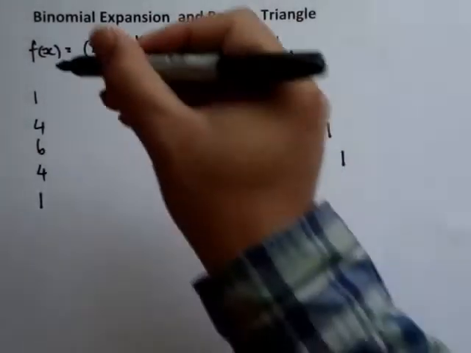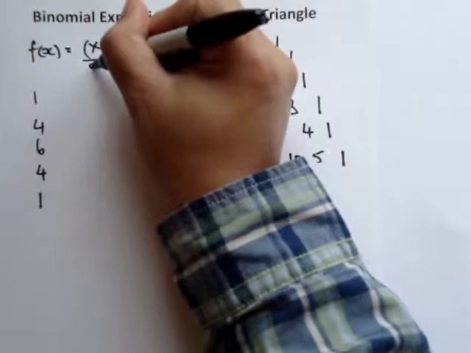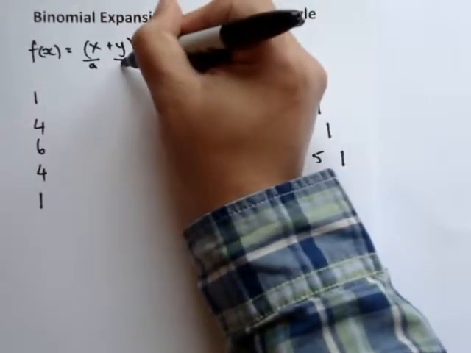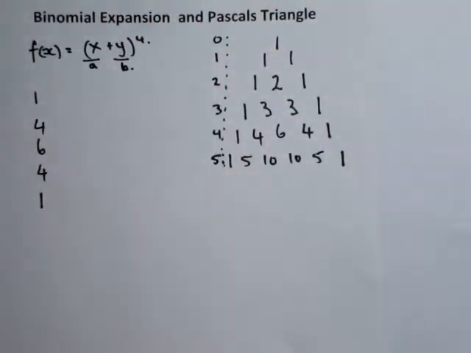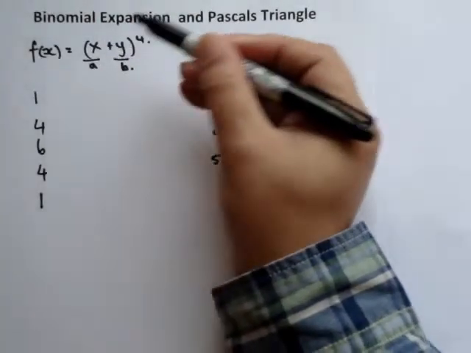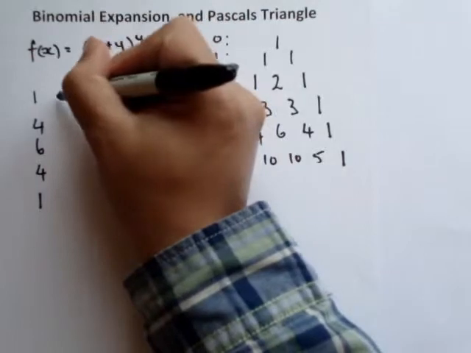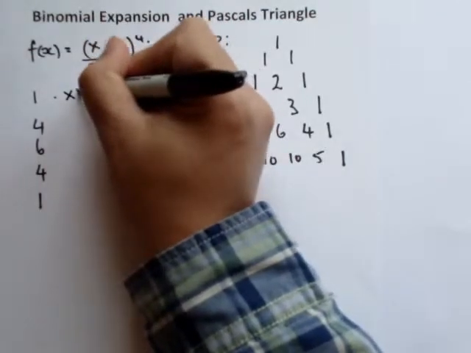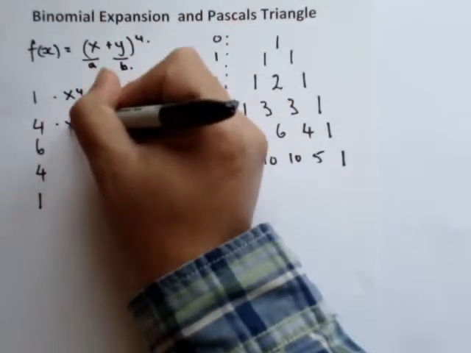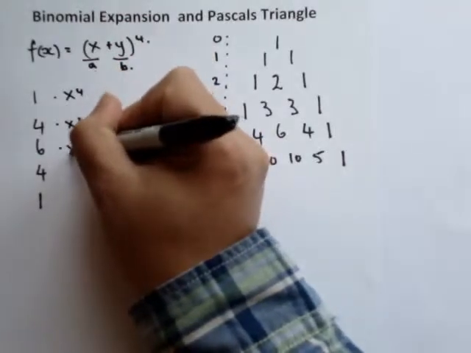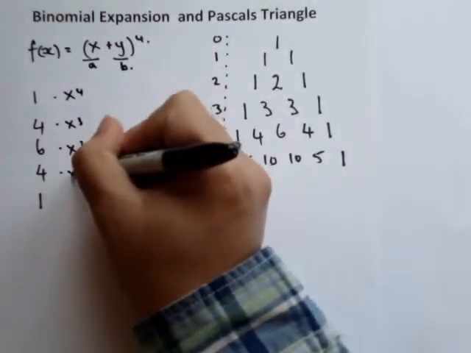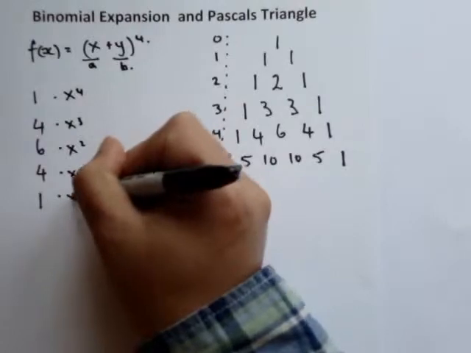Then we get our a, which is here, and our b, which is there, as we were discussing before. Our a is going to go from x to the power 4 and reduce, so x to the power 3, x to the power 2, x to the power 1, and finally x to the power 0.